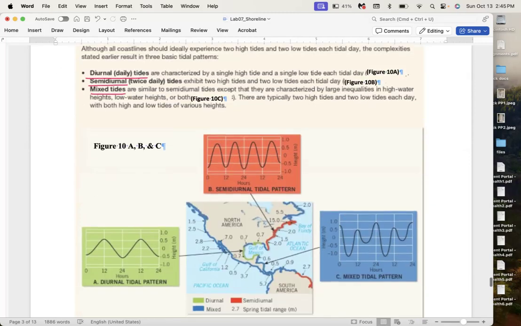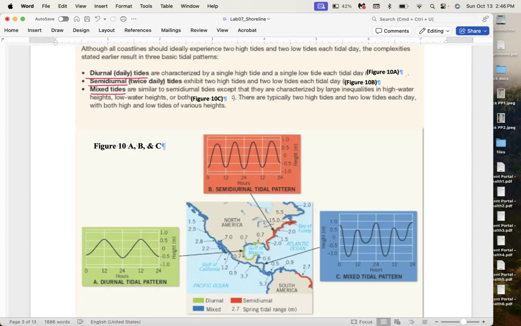So in this case, along the east coast of the U.S., the Atlantic coast, we have semi-diurnal tidal patterns. And remember this is 24 hours from here to here. So there's high, high, low, and low. For most of the Gulf Coast, we have a diurnal, which has one high tide and one low tide every 24 hours.